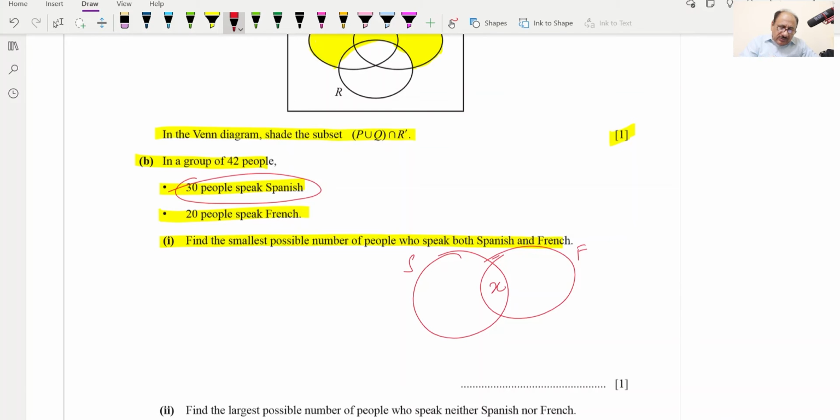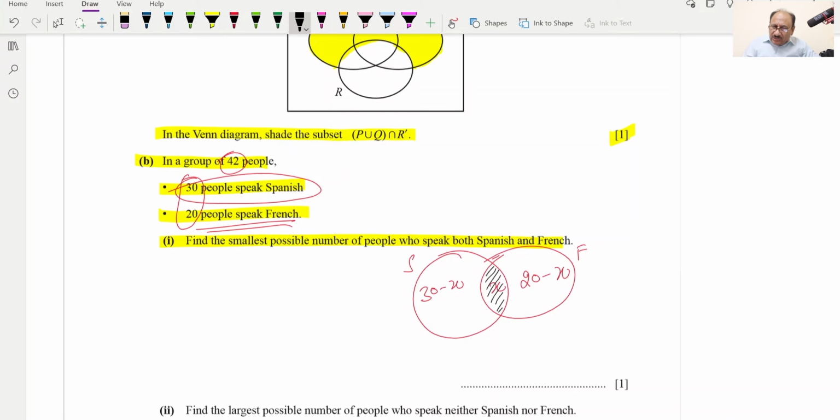Why is there something common? Because these two add up to 50, but total people are 42, so 8 are overlapping. So we have to write x here, and this will be 30 minus x, and 20 people speak French, so this will be 20 minus x, because x has gone to this common area.